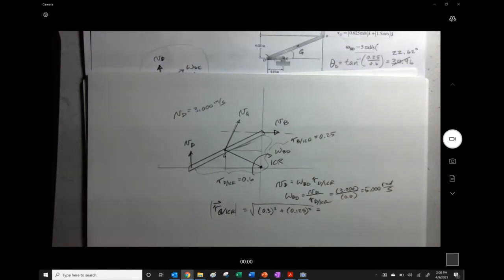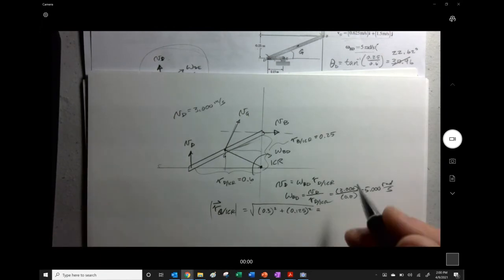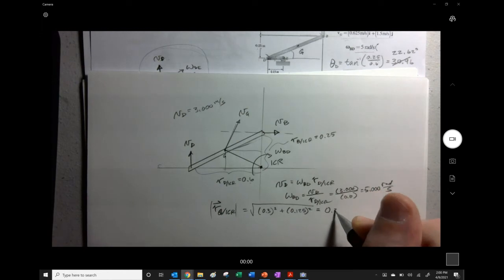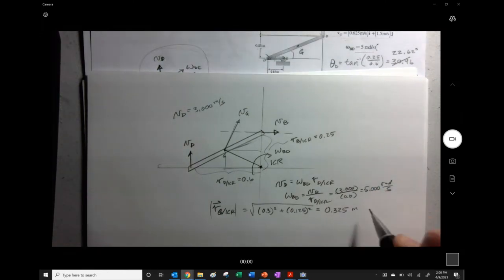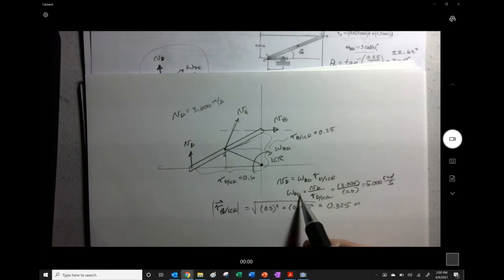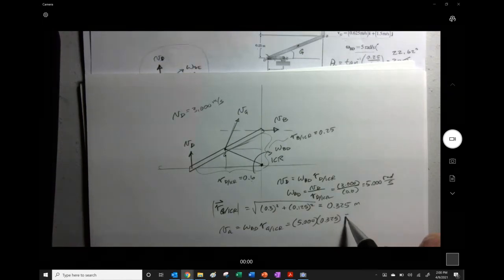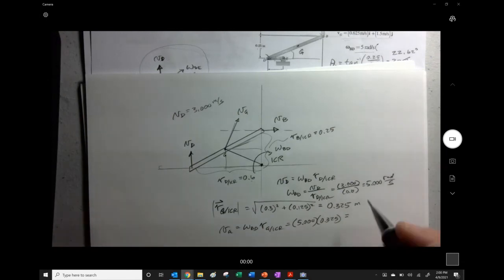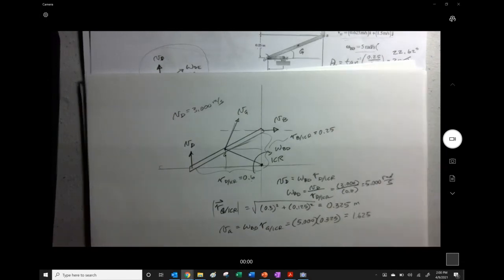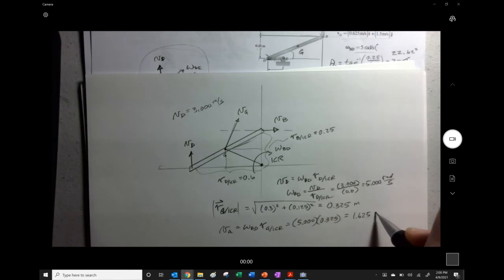So 0.3 squared and 0.125 squared, add them up, take the square root, we get 0.325 meters. So we can figure out what the magnitude of VG is going to be: omega BD times RG with respect to ICR, or 5, we just found, times 0.325. So we end up with 1.625, which is the same thing we found in the other problem, right?